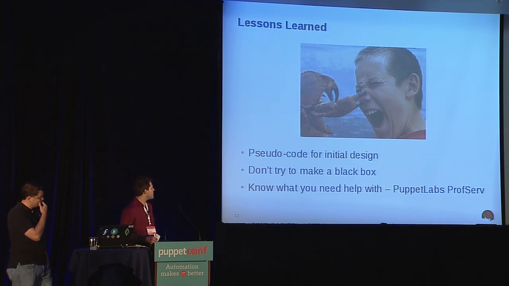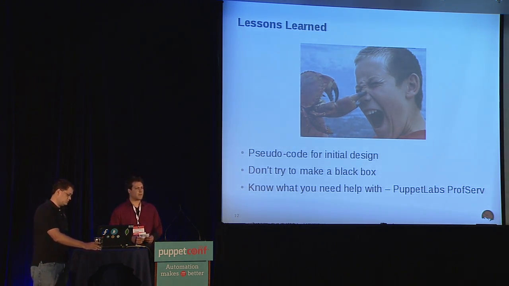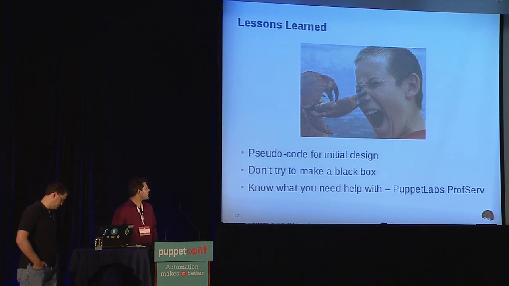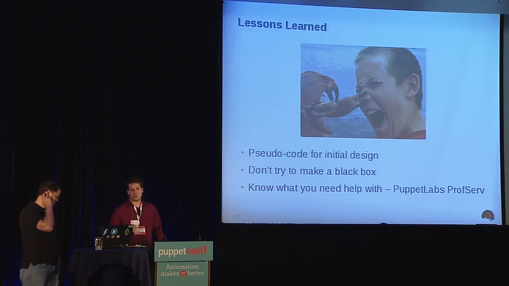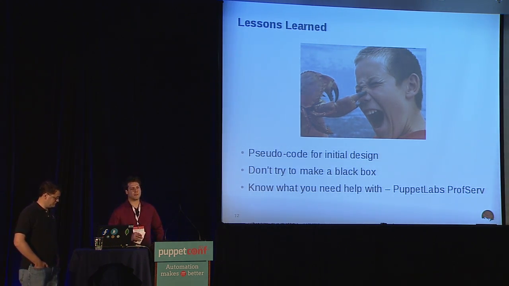Finally, just know what you need help with. We really, really appreciated the help that we got from Puppet Labs on this project. We have people at Red Hat who can certainly write most of the stuff that we put together, but like most people, you're probably getting interrupts throughout the day, and at the very end, after trying to plan out exactly how you want this thing to work, you're not going to have too much time left over to actually work on things.